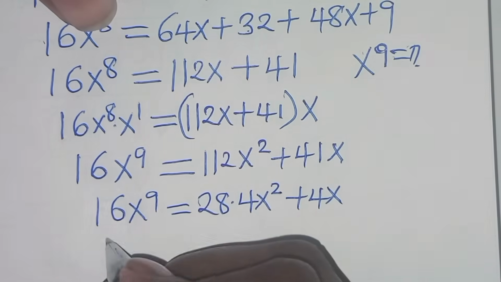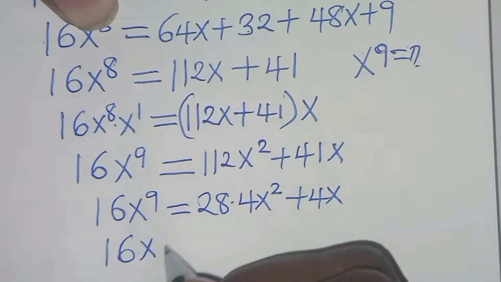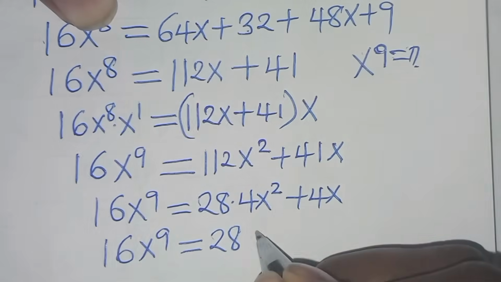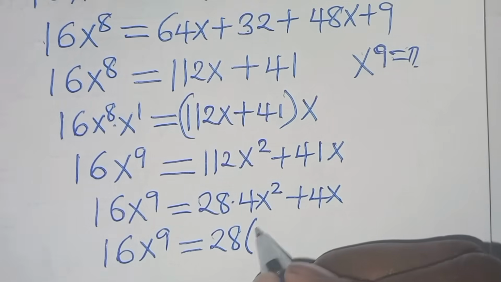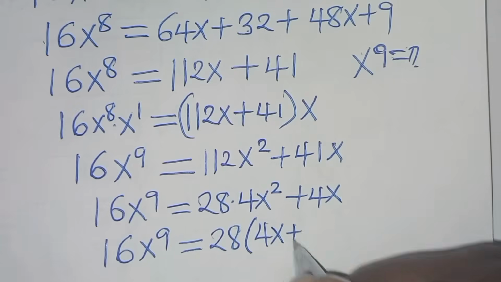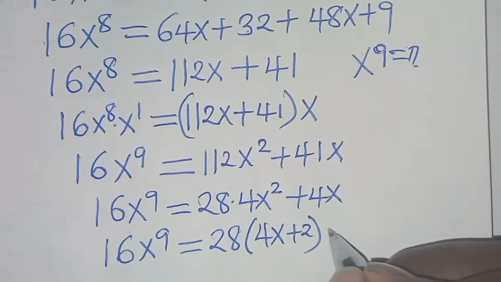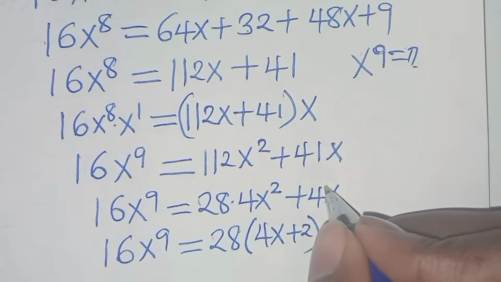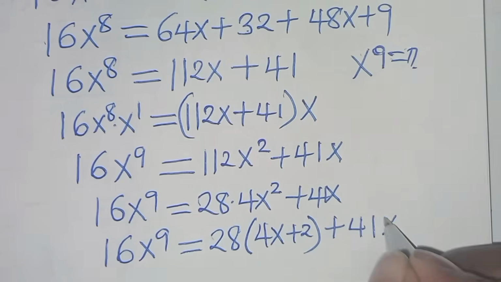So therefore here we have 16x to the power of 9. This is equal to 28 into the parentheses 4x plus 2, close the bracket here, then plus this is 41x.